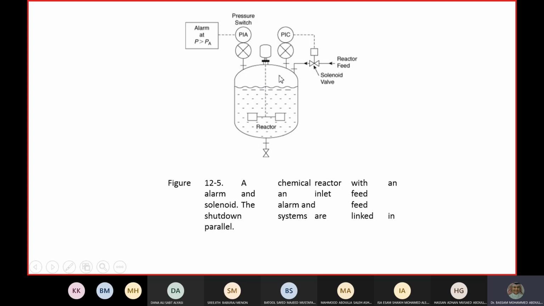The solution is easy, and this is how to control things: please put less feed if I have a high pressure, so that I have less reaction here. Another thing is to have a relief valve on, but I can't see any relief valves here at all. So just give me an alarm so that I take an action, so that I can open the outlet here by hand, if I would say.